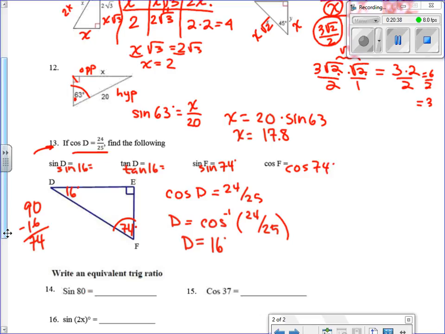And so let's come back and do the math. So the sine of 16 is 0.2756. Okay, the tangent of 16 is 0.2867.